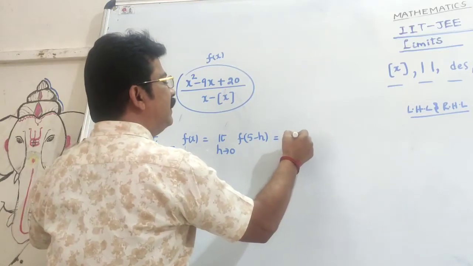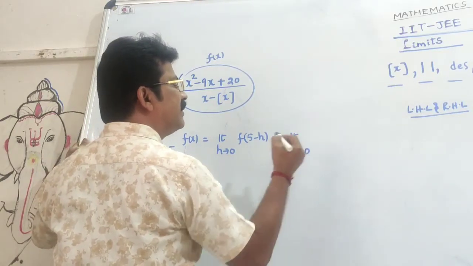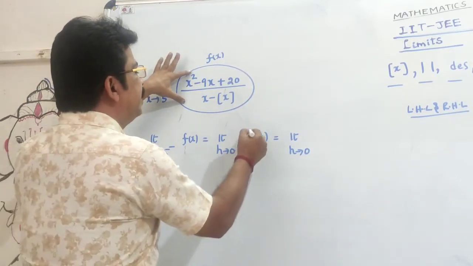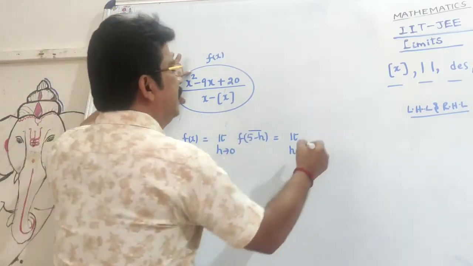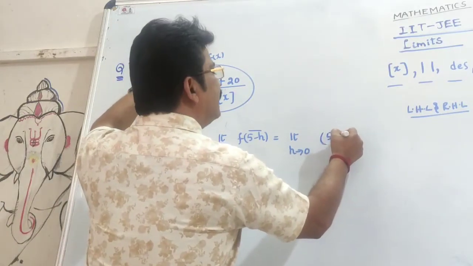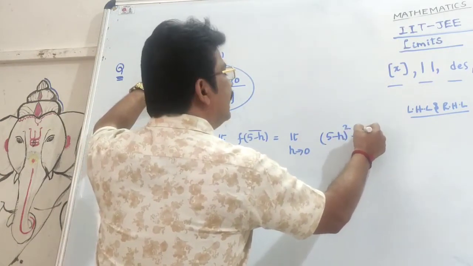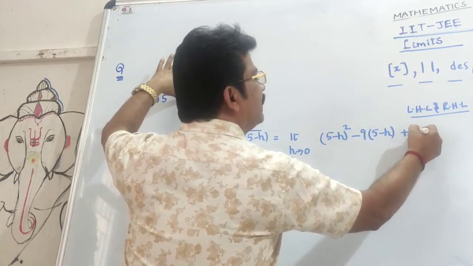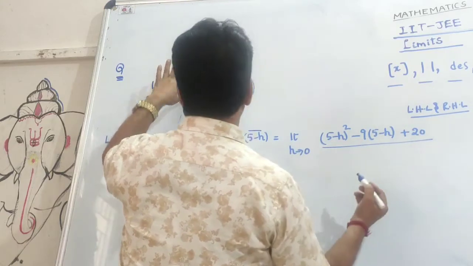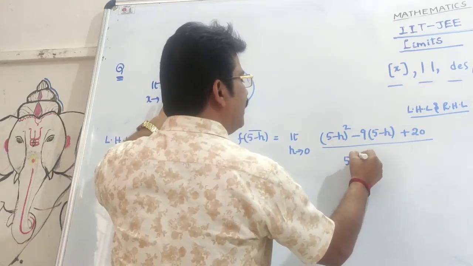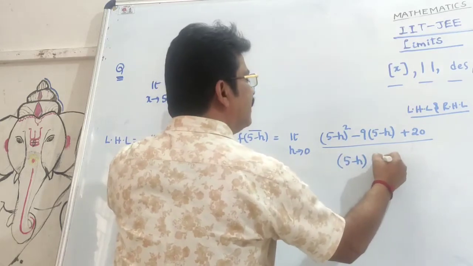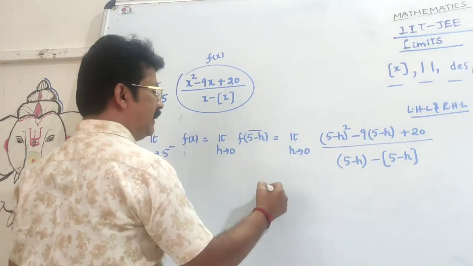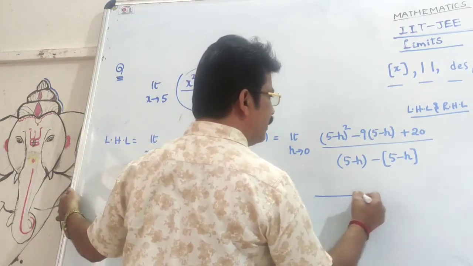So that is equal to limit h tends to 0, and in this f of x, instead of x, write 5 minus h. So it is (5 minus h) whole square minus 9 into (5 minus h), next plus 20, divided by x, x means what, 5 minus h, next minus box of (5 minus h). So that is equal to, first the denominator.